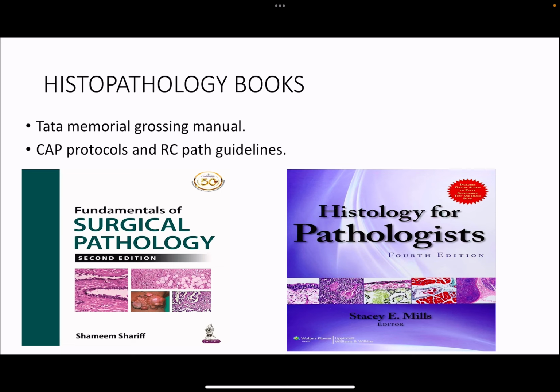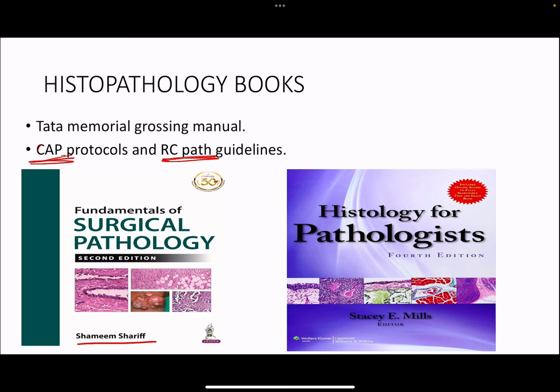As well, there are certain protocols that you can search online, like CAP protocols and RCPath protocols, that is, College of American Pathologists and Royal College of Pathologists guidelines. Each organ system has a different grossing protocol. A few books for grossing are these.